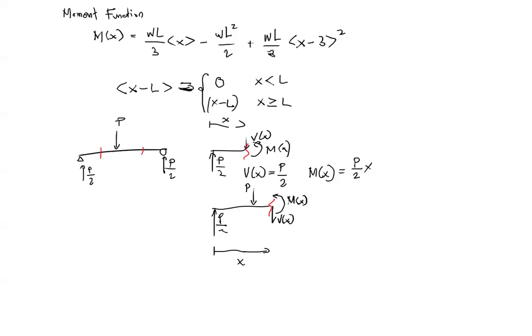Kapag nag-flip yung sign dyan, ibig sabihin, mayroon kang nakuhang negative na value. Ibig sabihin, negative yung shear mo, negative yung bending moment mo. And this rings true, again, nakalimutan ko palang i-mention, by invoking yung Newton's third law.